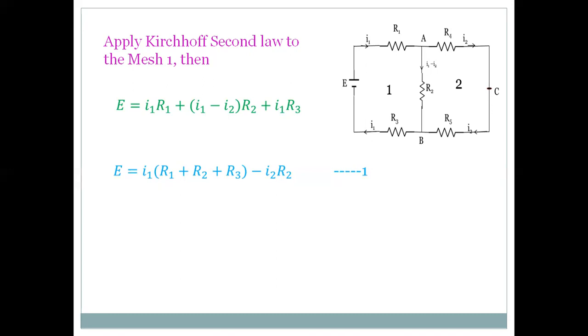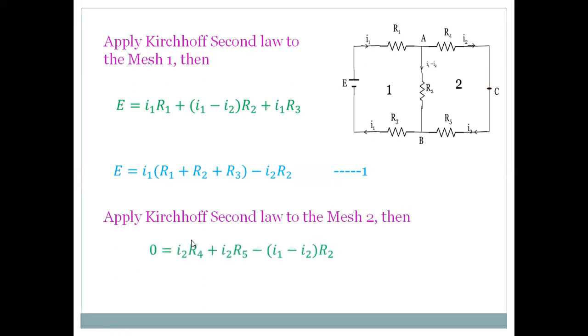When we apply Kirchhoff's second law to the second mesh, there is no battery, so the EMF is 0. That is, 0 is equal to the potential difference across the resistance R4, which is I2 R4, across the resistance R5, which is I2 R5, and across the resistance R2, which is (I1 minus I2) into R2.